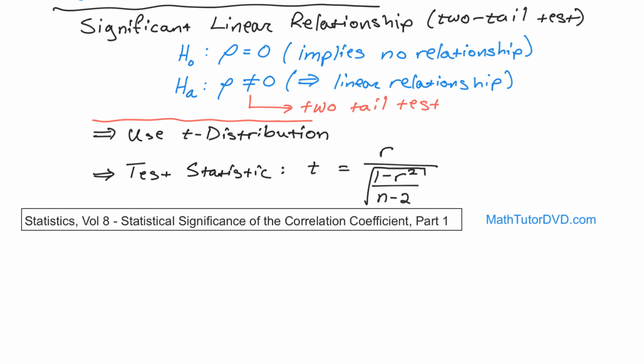And that's it. Look at our hypothesis. If we fail to reject the null hypothesis, that means the population correlation coefficient is 0, and that means there's no relationship. But if we get into a rejection region, then we reject the null hypothesis and say that the correlation coefficient of the population is not equal to 0. So we're using the sample data to figure out what the population's doing.